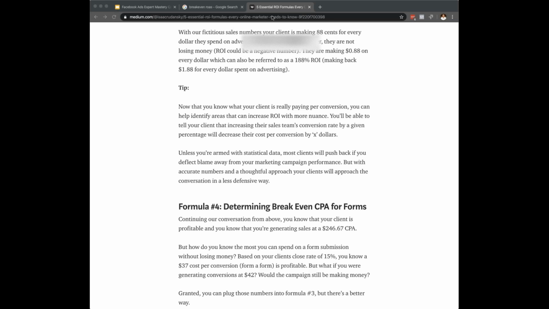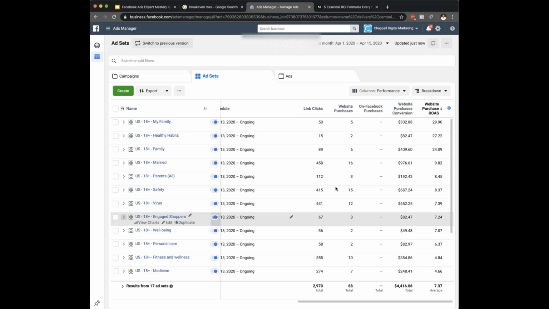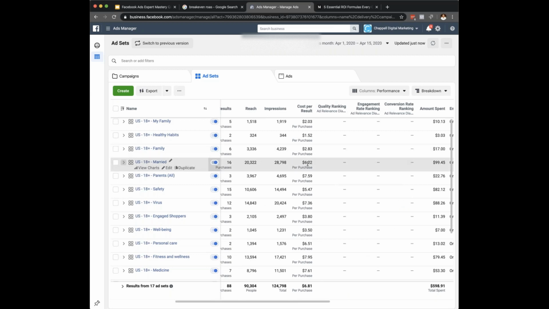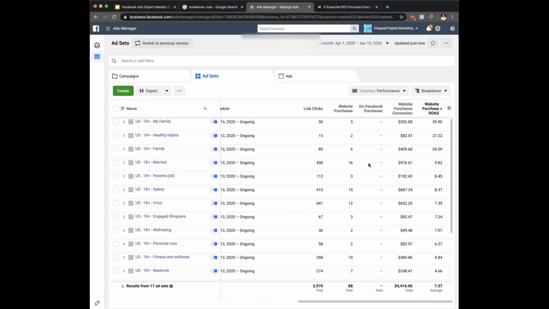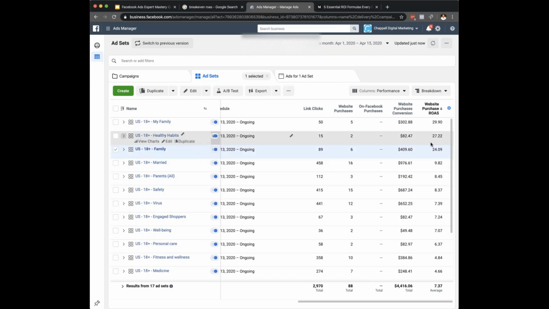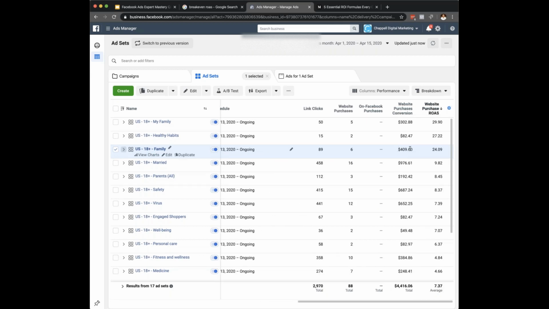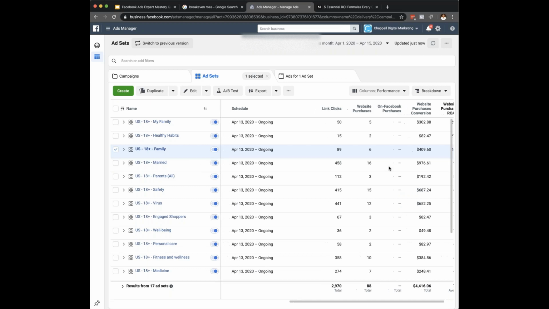Yeah, here's another one. This one's at a 7.37 this month. This one's a little too pretty. This is kind of a dream scenario, where you're spending 17 bucks making 500. I don't know how likely that'll be for most people.